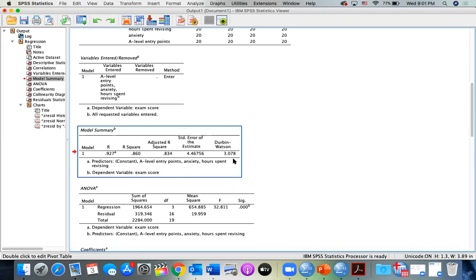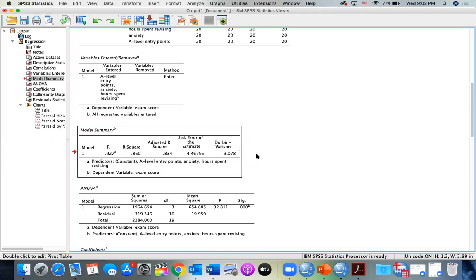As we approach 4, this indicates that the residuals or errors are negatively correlated with each other. On the other hand, as we approach 0, this gives us a sense that residuals or errors are positively correlated to each other. And in either case, the assumption is violated, meaning that there is a problem of autocorrelation here.